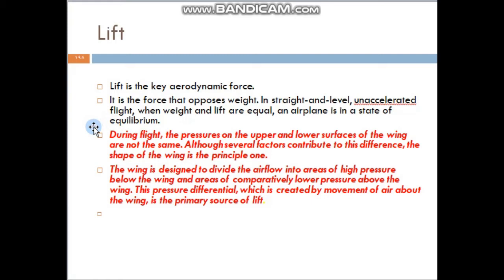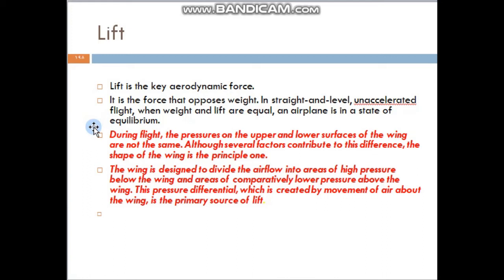equilibrium. During flight, the pressures on the upper and lower surfaces of the wing are not the same, although several factors contribute to this difference. The shape of the wing is the principal one.